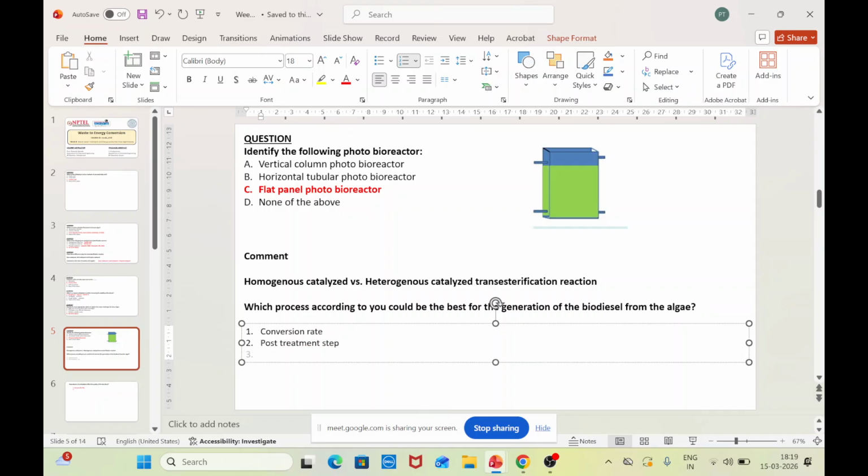After that, you have processing methodology, and then you have the presence of FFA. FFA is nothing but free fatty acids. Then you have catalyst reuse, and then you have cost. So based on all these parameters, we need to analyze which of the transesterification, homogeneous catalyst or heterogeneous catalyst, is best for biodiesel production from algae.